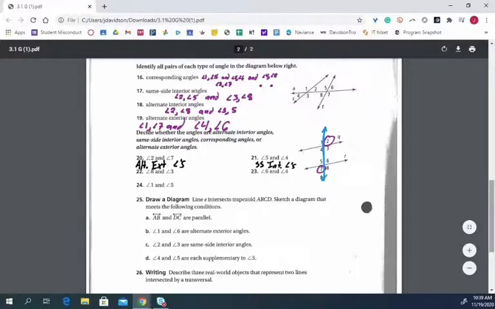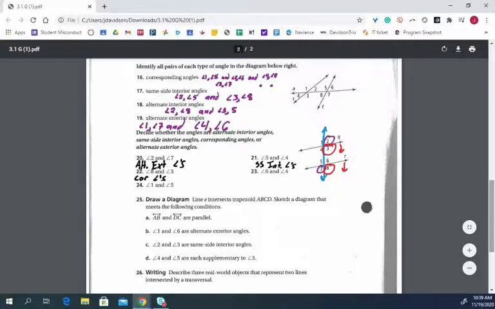Good. 8 and 3: you might be thinking, okay, they're same side, but one's interior, one's exterior. That means they're corresponding.